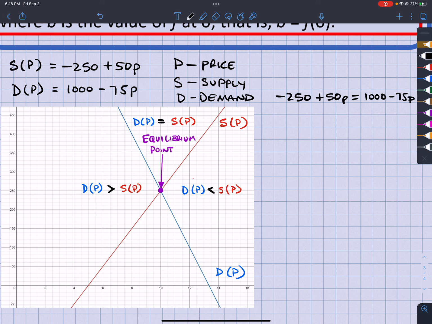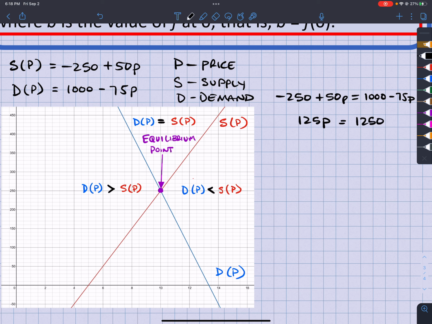So from there, let's go ahead and solve for p, because p is the only thing there, all right? So if I was to, let me see here, how do I want to do this? I want to add the 75p over, so what is that, 125p? I'm going to add the 250 over, so that's going to be what, 1250?